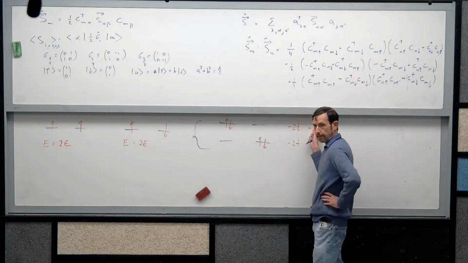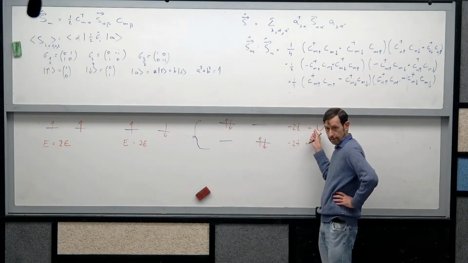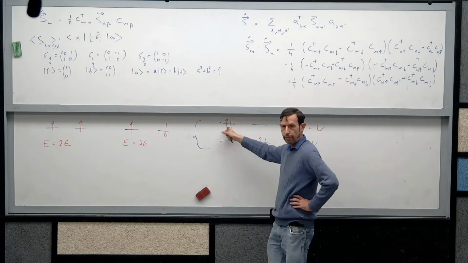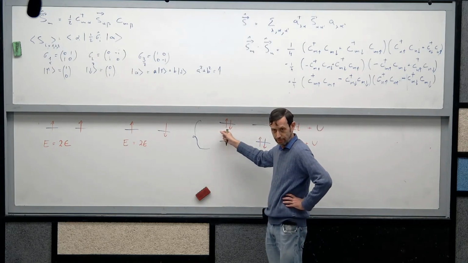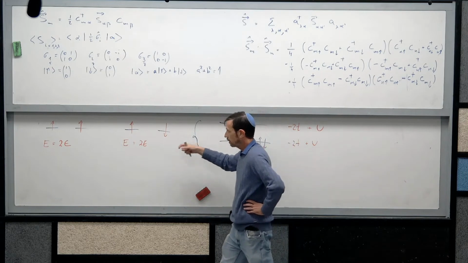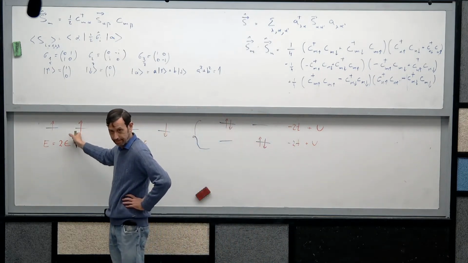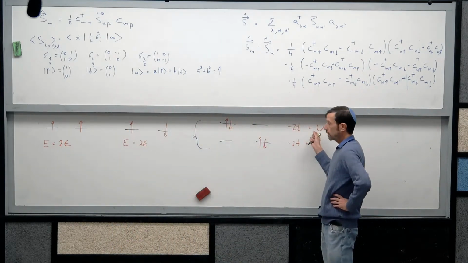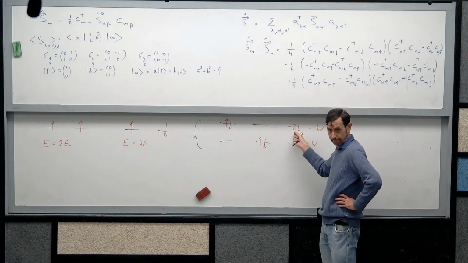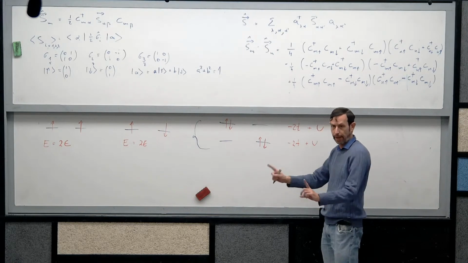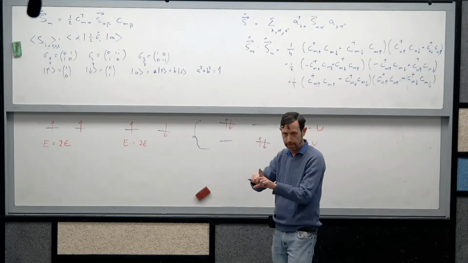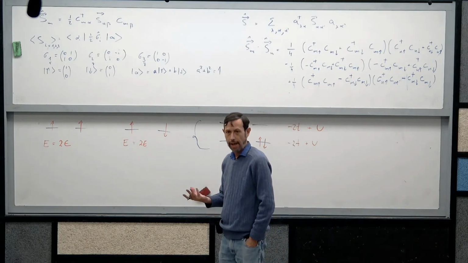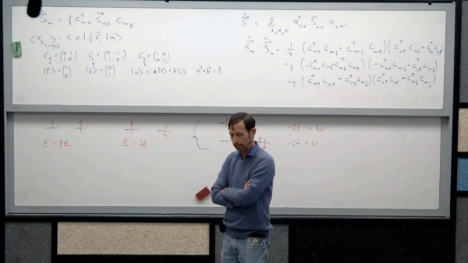If U is very big, I never want to do it, and it's ferromagnetic. If U is small relative to T, happily I'll do it. I'll pay the price of interaction when I'm sitting on each other and gain a lot of kinetic energy.